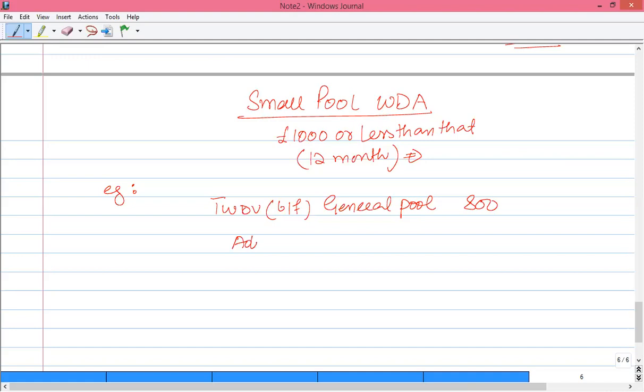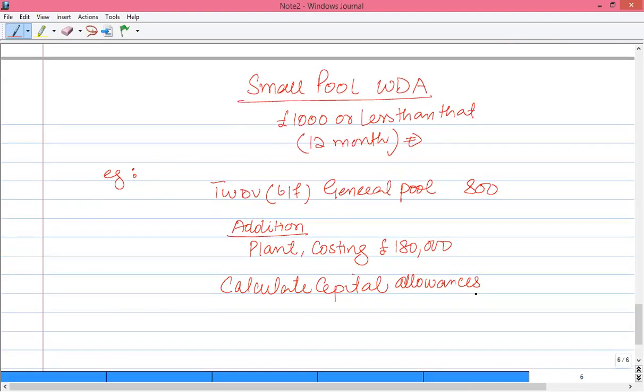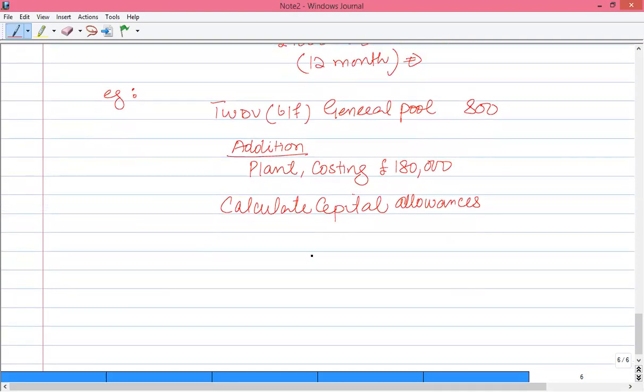Now we have an addition of a plant that we have purchased in this year, costing us 1,80,000. Calculate capital allowances. So in this case, we have an addition, we have a pool. So let's solve this question.